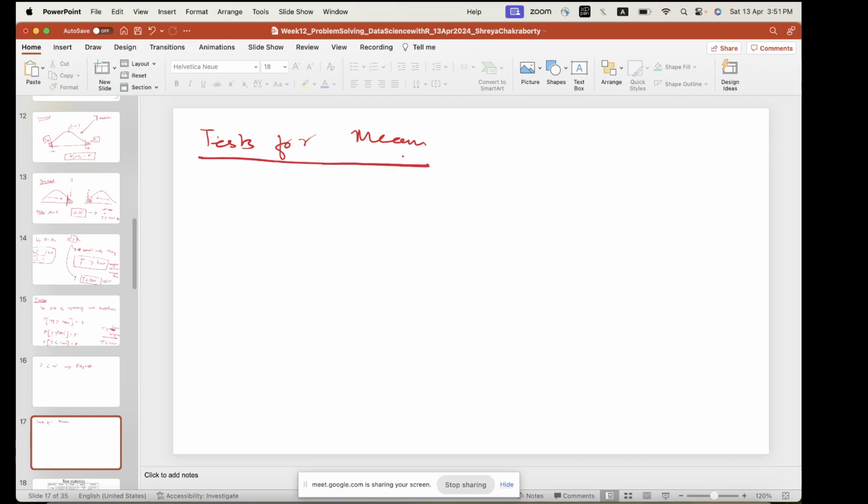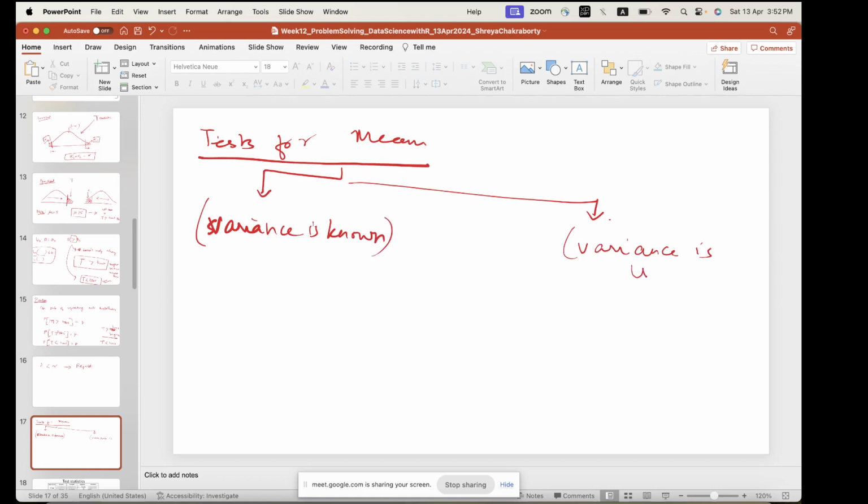Tests for mean can happen in two categories: when the variance is known and when the variance is unknown. When the variance is known, we will go for a z-test, and when the variance is unknown, we would go for a t-test.